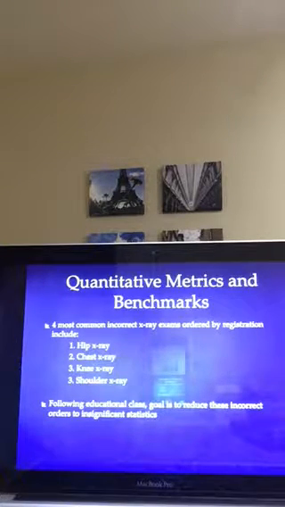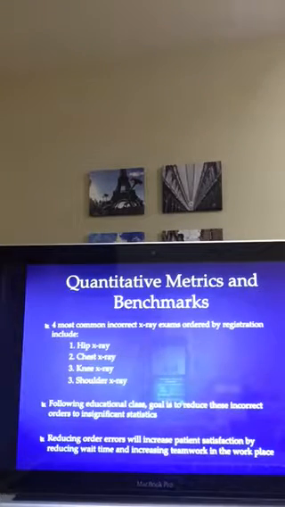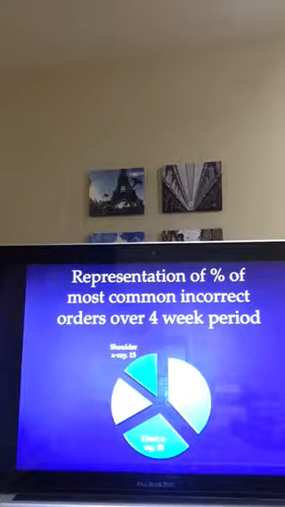Following the educational class, my goal is to really reduce these incorrect orders to insignificant statistics. Reducing orders that are put in incorrectly will increase patient satisfaction by reducing wait time for patients and increasing teamwork in the workplace.